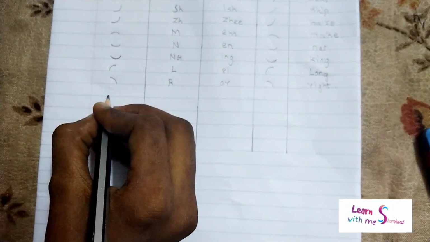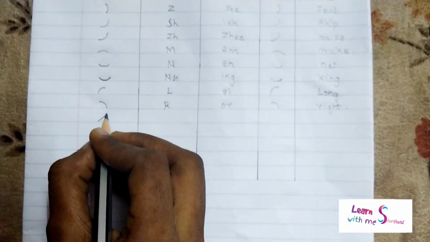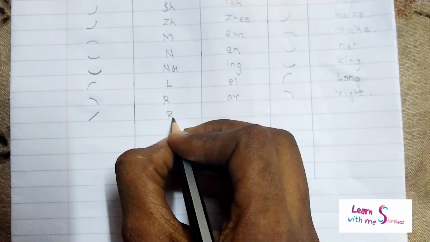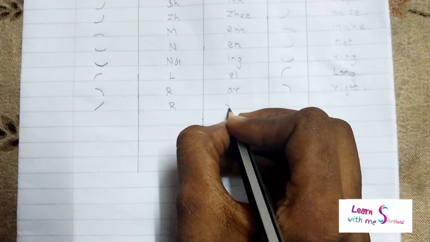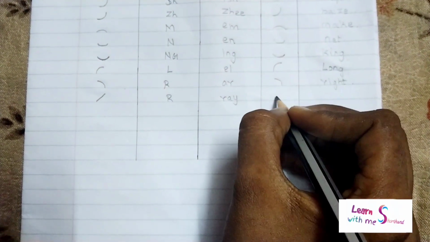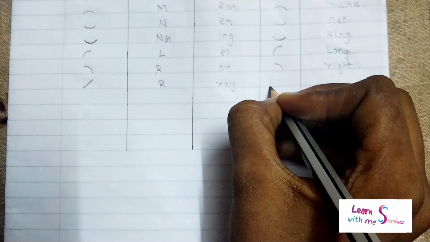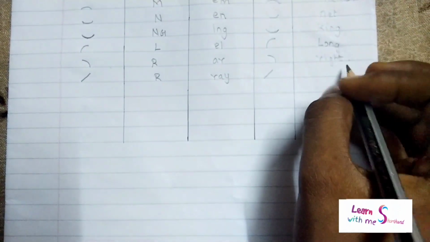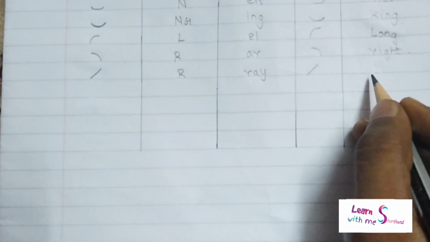The next one is also R. The letter is R, but the pronunciation is re. Direction is left down to right up. The example word for re is rate.